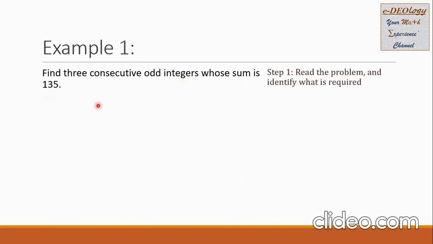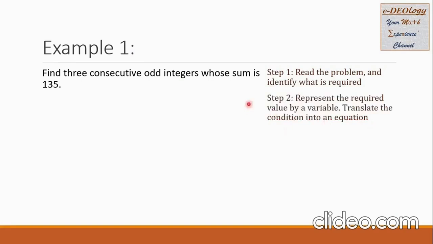Step 1 says, read the problem and identify what is required. In here, the required is 3 consecutive odd integers. Step 2, represent the required value by a variable. Translate the condition into an equation.